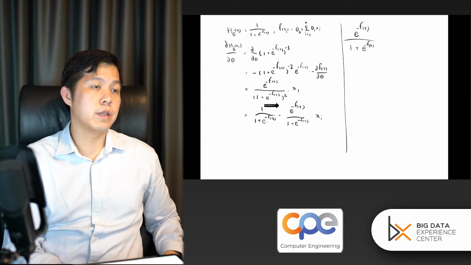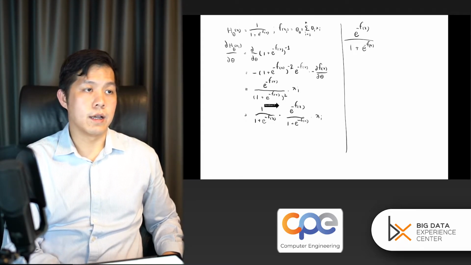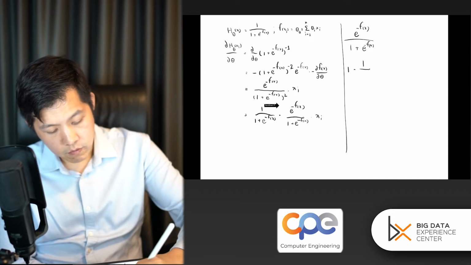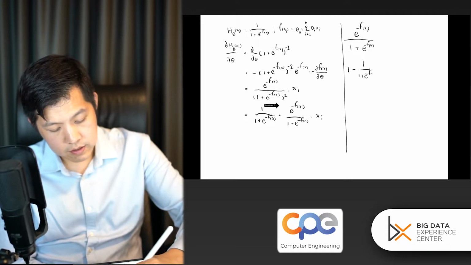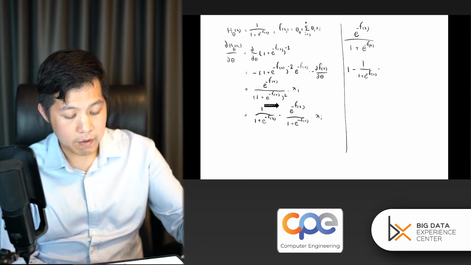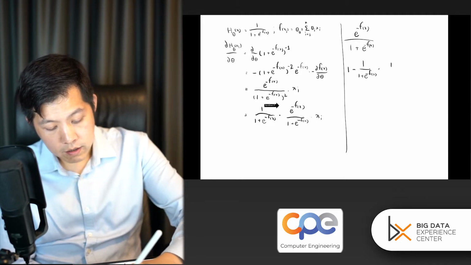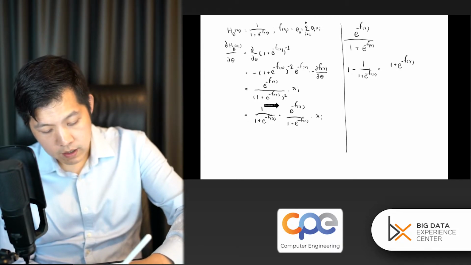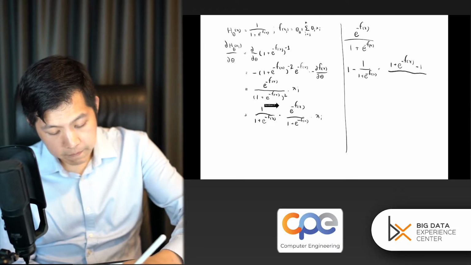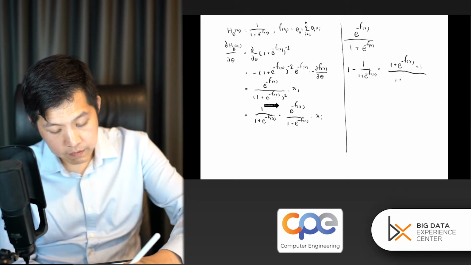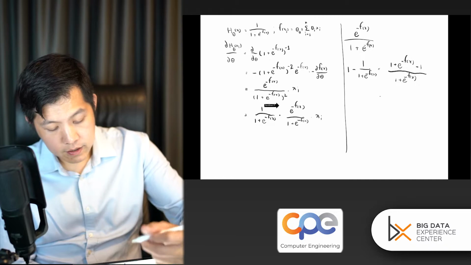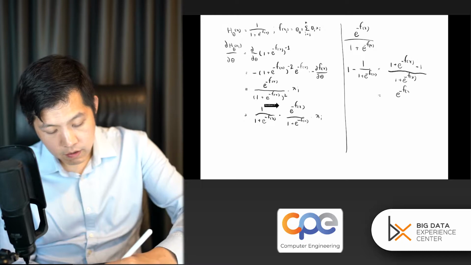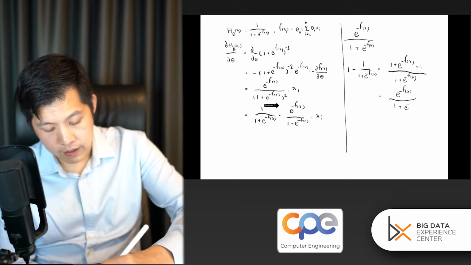Well, how do we rearrange that? Consider this term, 1 minus 1 over 1 plus e to the minus fx. This equals, if I multiply it up, 1 plus e to the minus fx minus 1 over 1 plus e to the minus fx. And this equals e to the minus fx over 1 plus e to the minus fx.